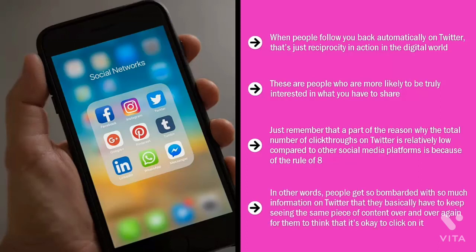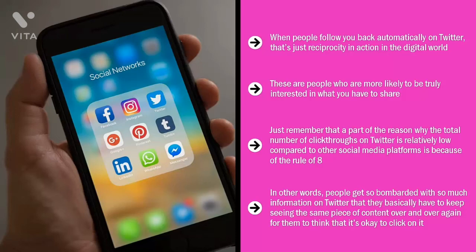In other words, people get so bombarded with so much information on Twitter that they basically have to keep seeing the same piece of content over and over again for them to think that it's okay to click on it. In their minds, sheer familiarity means that somehow the content is somewhat trustworthy to take a chance on.